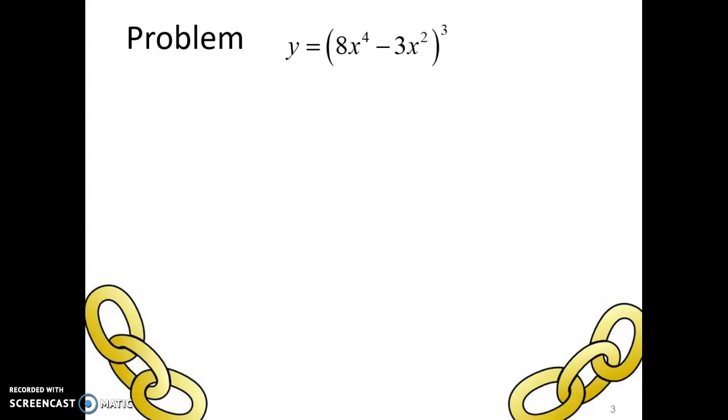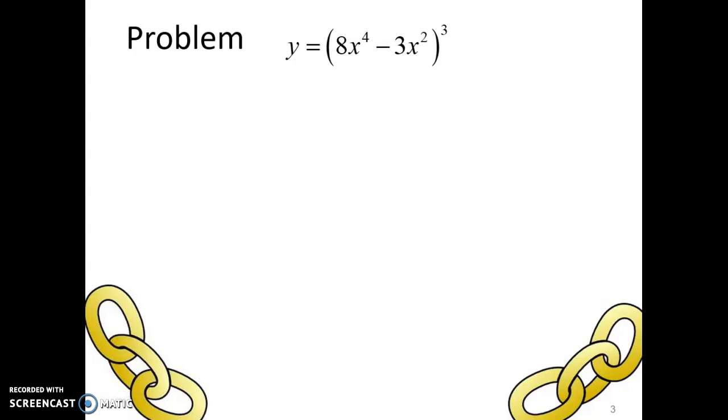For instance, if I give you a problem like this polynomial function, 8x to the fourth minus 3x squared, raised to the third power. Right now, the only way we could take the derivative of this function is to use the extended product rule by using that binomial 3 times, which is pretty complicated.